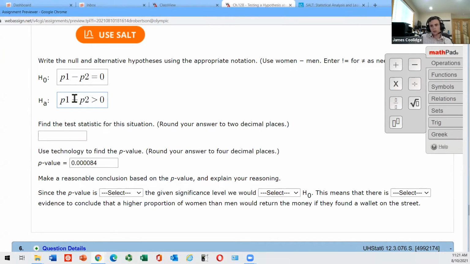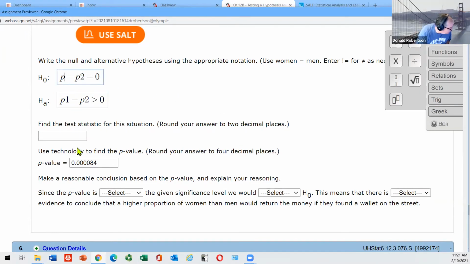I think it says use women take away men. Oh, so I can't use the p-values? Well, try the p-values first. Can someone on theirs do that? Because I don't have it on student view now, so I can't check my answers. Can you type in P1 minus P2 equals 0? Will it accept that?